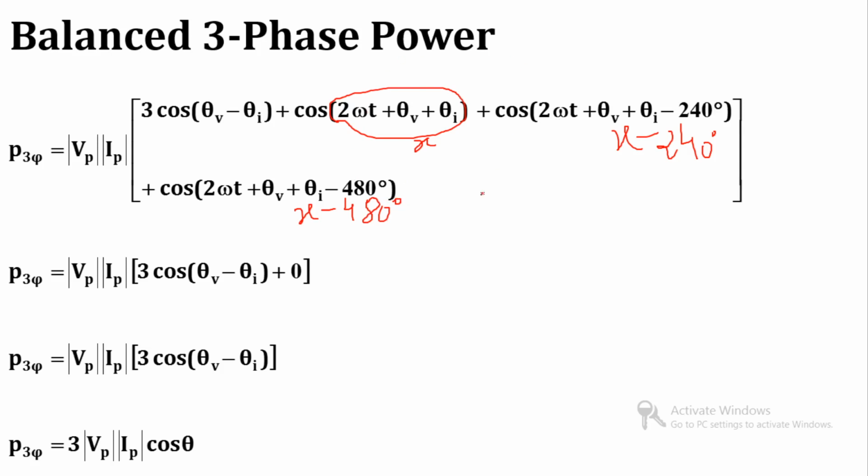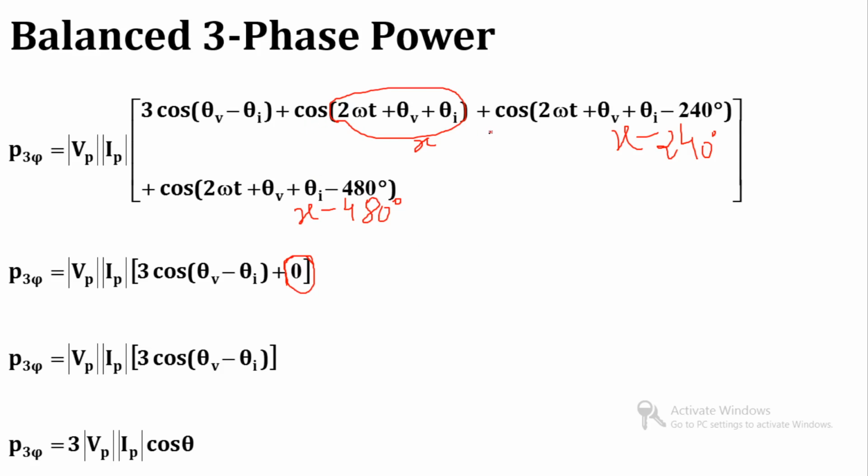If we add these balanced cosine terms, their addition will become 0. This looks like our balanced 3-phase system. This is at an angle x, this is x − 240 and this is x − 480. So if we add this balanced system, their addition will become 0.